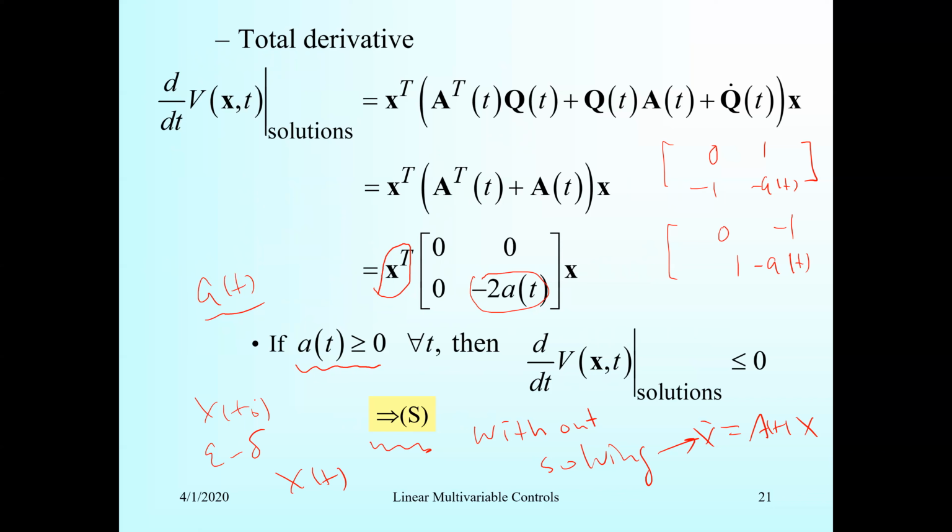So if x(t0) is within a ball of delta, I'm sure x for all t will live in the ball of radius epsilon. So that's the way we should understand. Okay, isn't this beautiful? Without solving this ODE at all, without solving the phi.